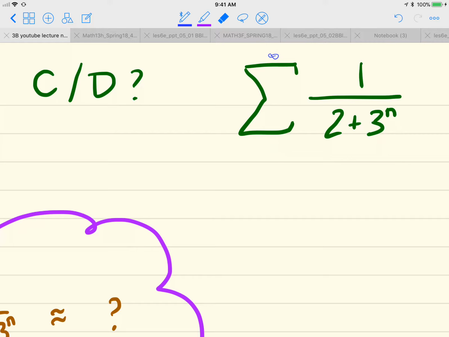And the reason why I'm not writing that is because if my question is does the series converge or diverge, then I don't really care where the series starts, right? If a series is going to converge, then it's going to converge regardless of where the series starts. And if a series is going to diverge, it's going to diverge regardless of where the series starts, right?